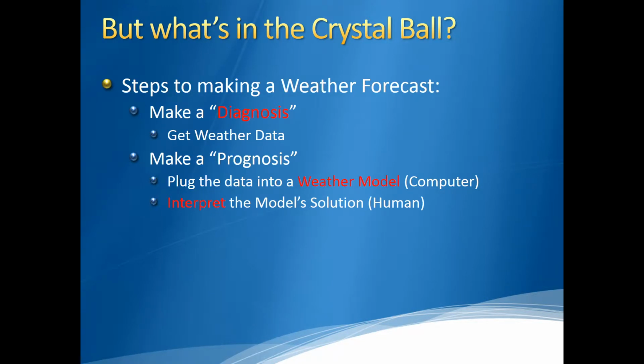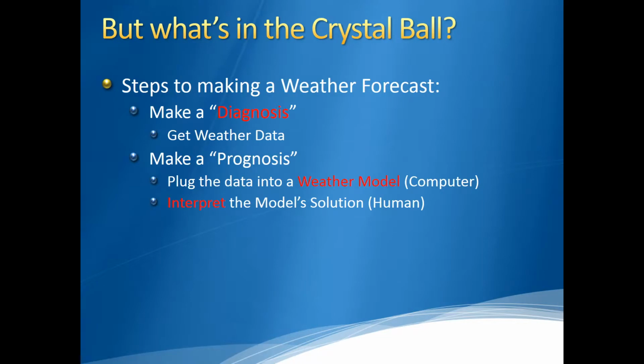The first step, before we can make any kind of forecast, is that we need to assess the current situation of the atmosphere. That's what the diagnosis is. We need to gather weather data telling us what the current state of the atmosphere is. Then, based on the current state of the atmosphere, we can take that data and plug it into numerous models.